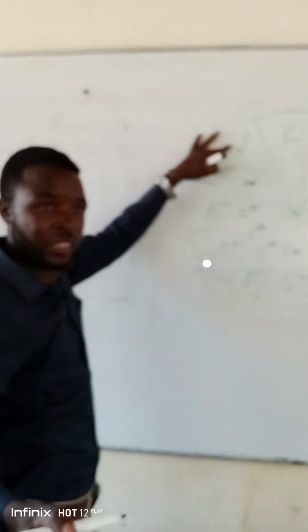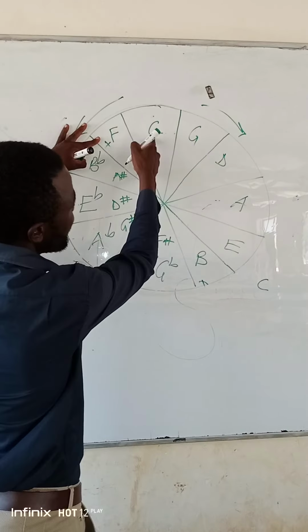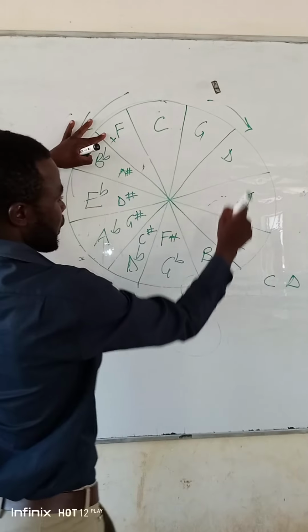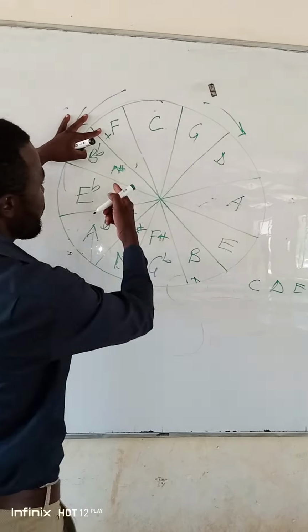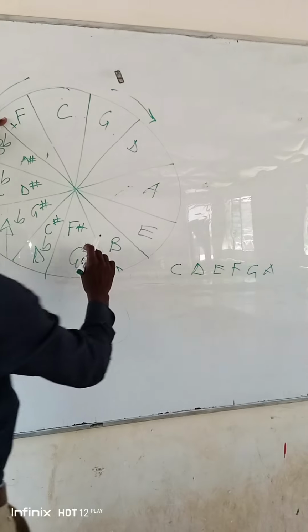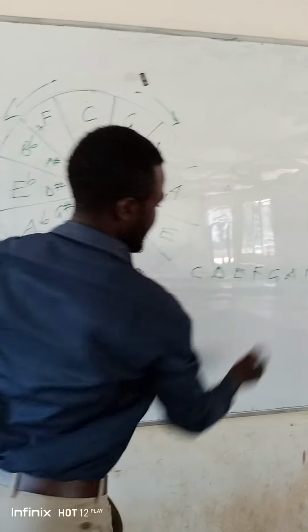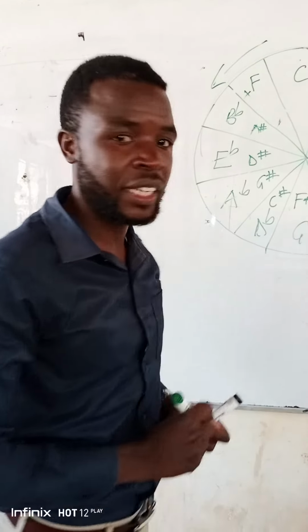And then you organize this in alphabetical order. So you have C, D, E, F, which is our fourth. Then G, A, and B. That is how we develop our scale. That is the major scale C.